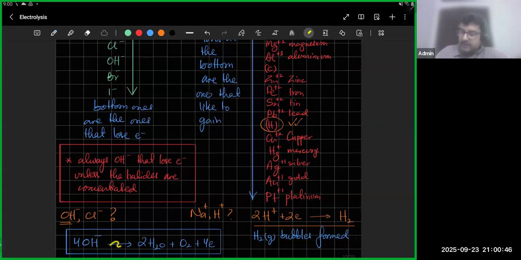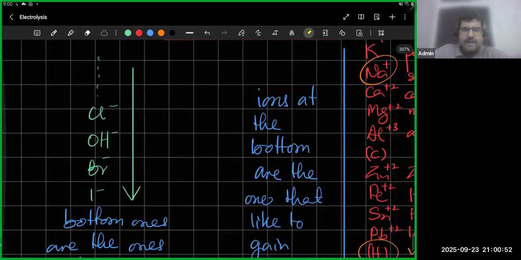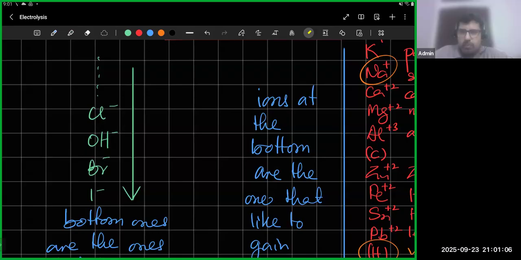The rule is, if you look at the series, it's actually, is the screen lagging for everyone or is it just lagging for me? Sir, yes, it's also lagging for us. Let me just, one second. I don't know why it's lagging.